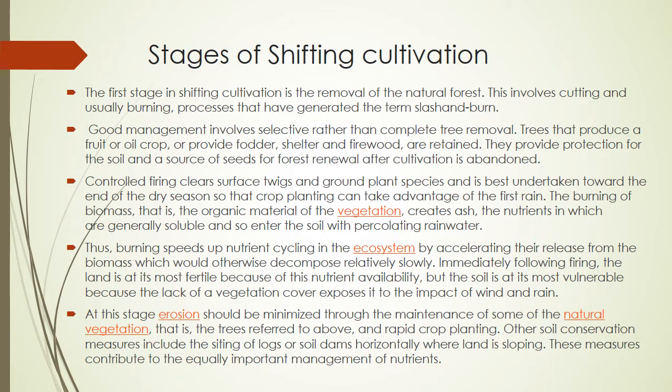As the soil is empty and there are no crops, erosion takes place. So you can minimize the erosion and conserve the soil by setting logs or soil dams horizontally wherever there are slopes, so as to preserve the nutrients and avoid soil erosion.